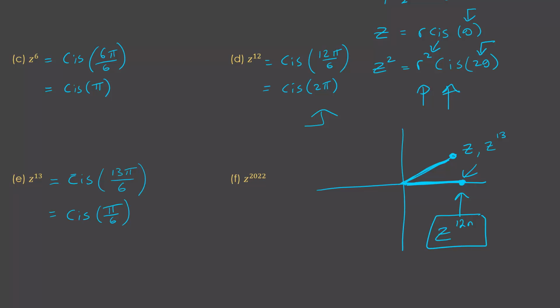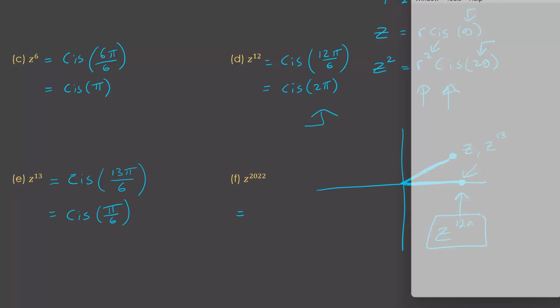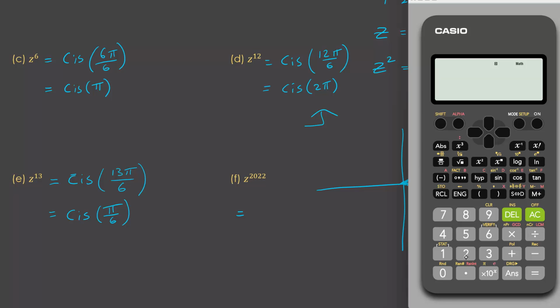So when we do z to the 2022, what we want to do is 2022 divided by 12. How many times does 12 go in? 168.5. And 168 times 12 is 2016.